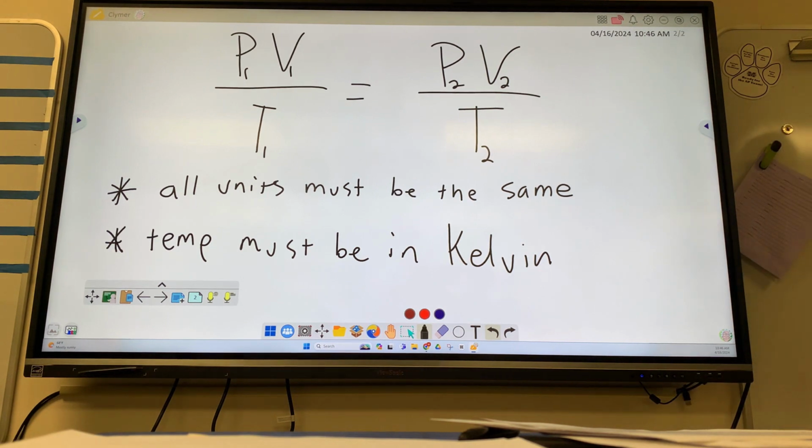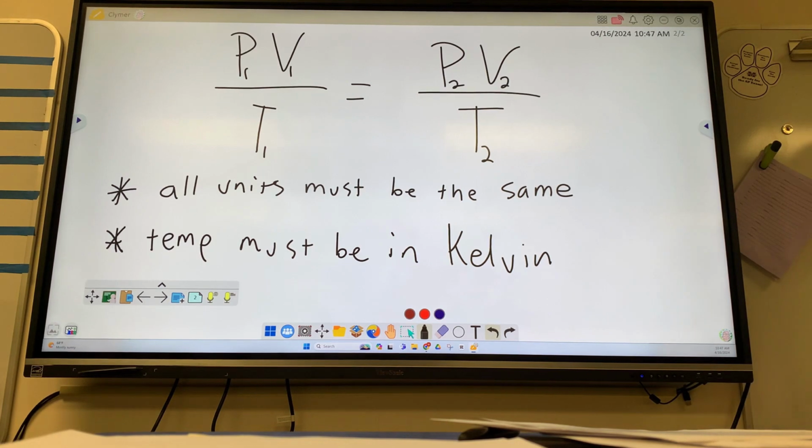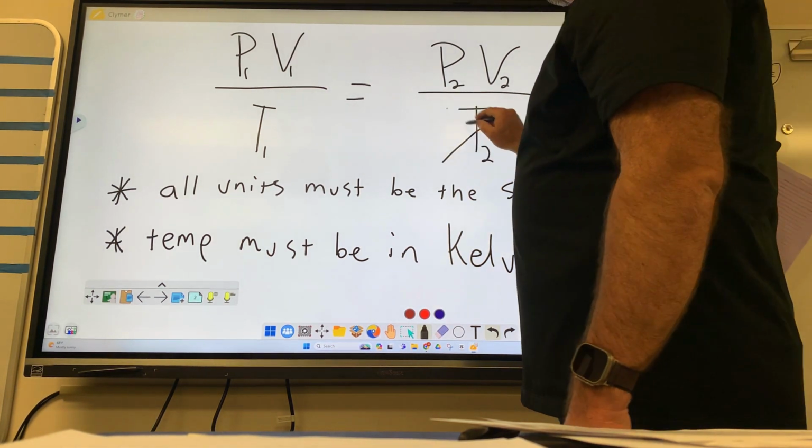What we are going to do today, we're going to go back in time. Now that we know where we're going, we're going to go back in time. We're going to talk about a scientist named Robert Boyle who did some work along this same line, specifically just like we did, where he looked at the relationship between pressure and volume. He did not consider temperature.